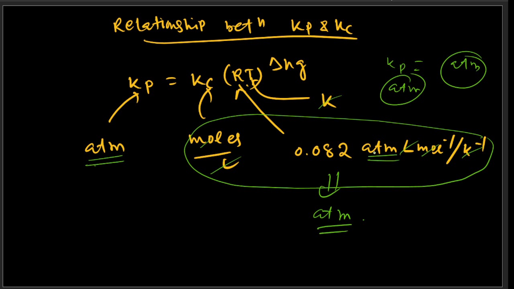In this way we can check the unit of any value. If everything cancels and we get atm, then our assumption is correct. We will solve using these relations. There are a lot of problems, so let's check some examples.